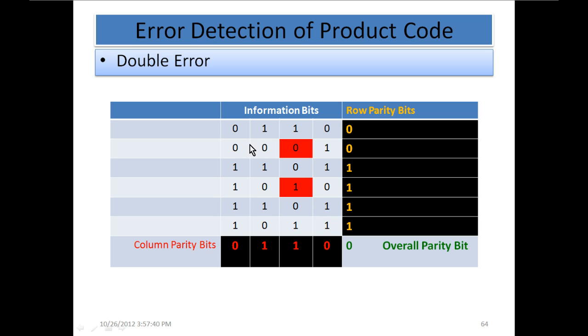So although the decoder has found an error in this code word and in this code word as well, it does not know the location of the bit. It can only determine the location if it detects the error in the vertical code word as well. So this one is detected but not corrected.